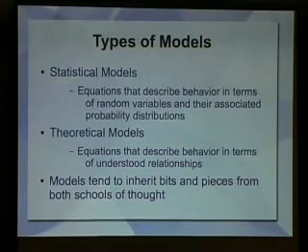So first, I want to begin with a broad overview of what models are and how they work as I see them. First case would be statistical models, where you're taking one dependent variable and a number of other variables, and you're trying to use those other variables to describe the dependent variable.